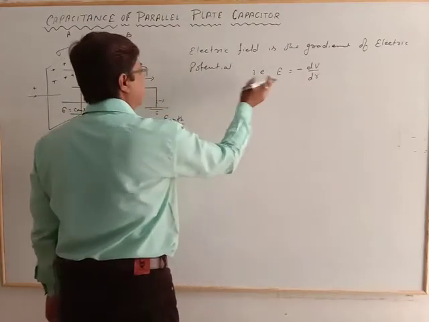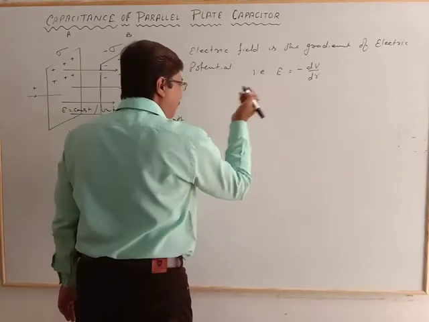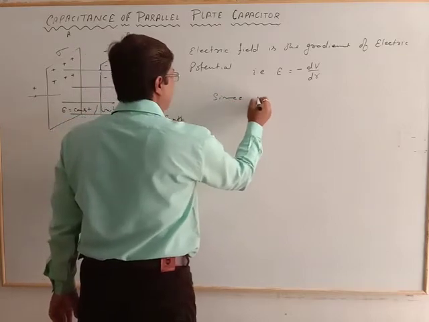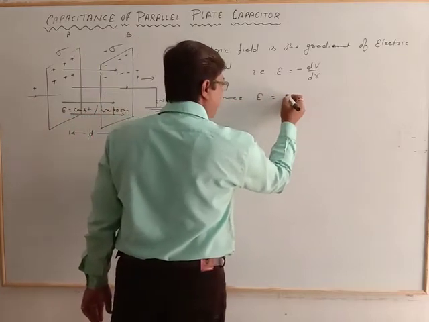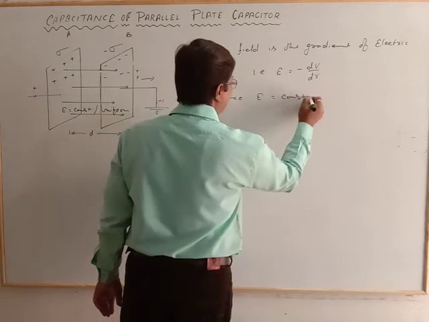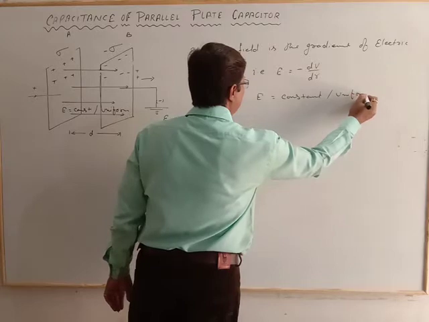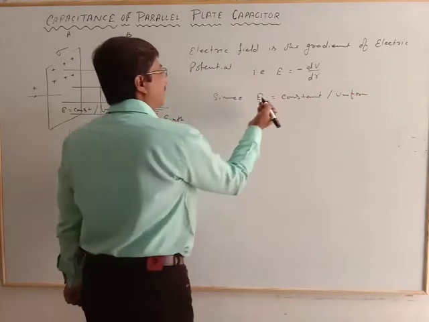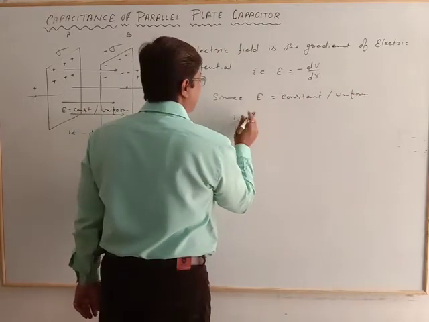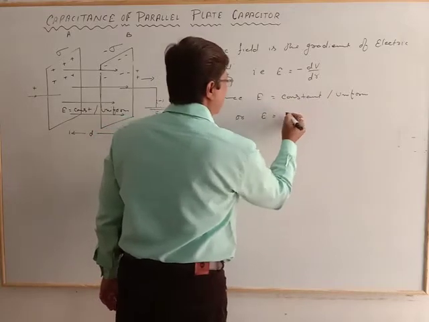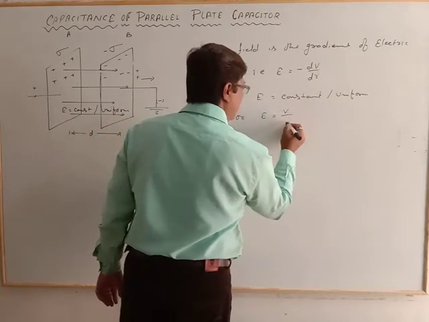So, since E is constant or uniform, the electric field may be written as E is equal to V by D, where D is the distance.